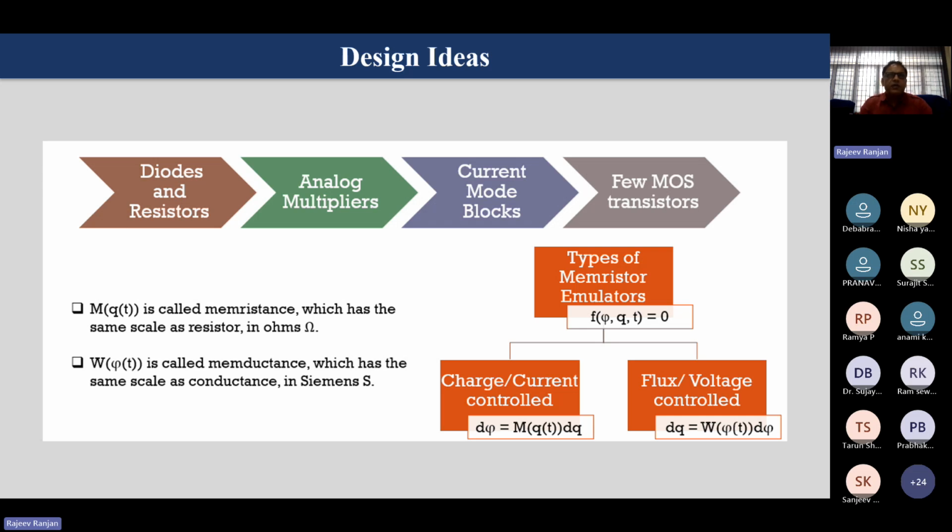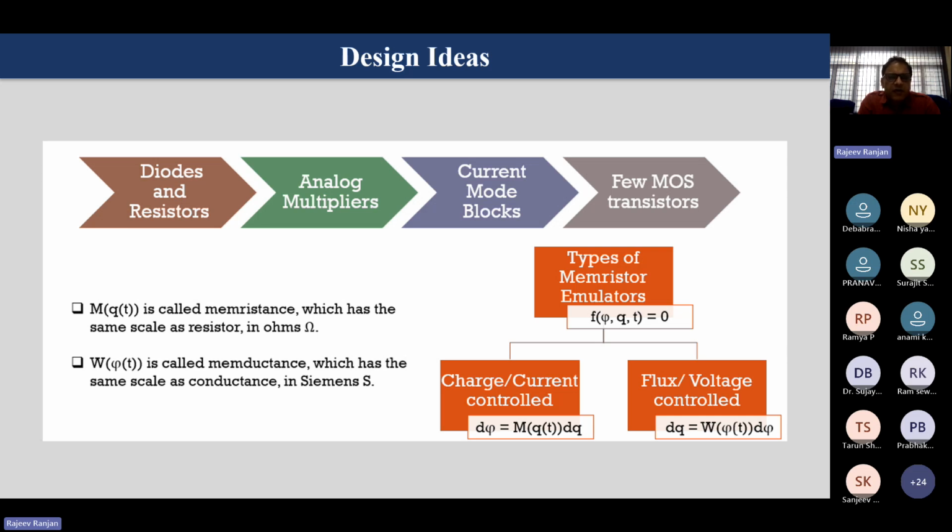Current mode building blocks have many properties: low parasitic effects, less non-ideality compared to voltage mode circuits, and low power. You can easily design low power circuits with current mode techniques.